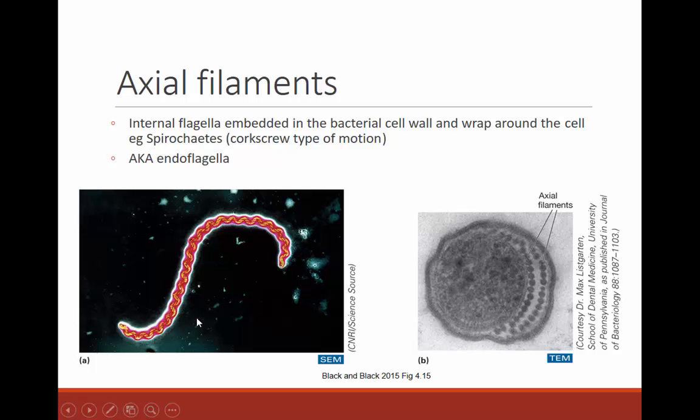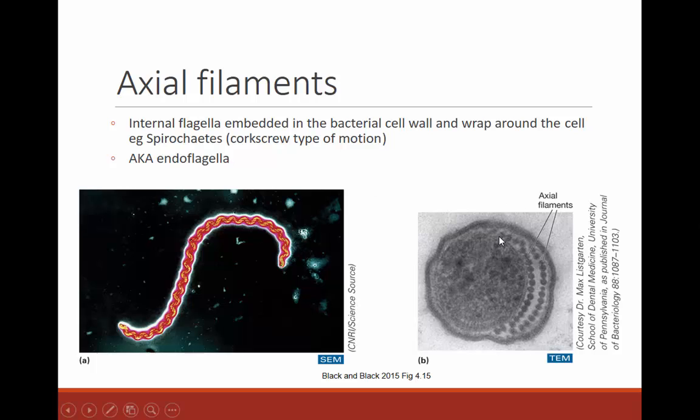Can everyone see that? And that is the axial filaments being stained or coloured. Now then, if we look at this cross-section here, we've got the axial filaments around one side, and you can see that they move around the cell.